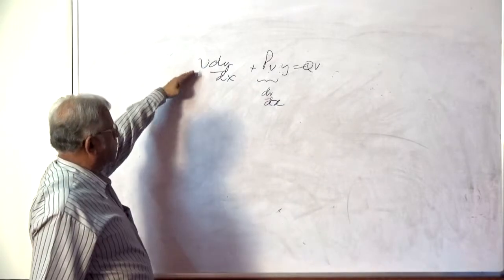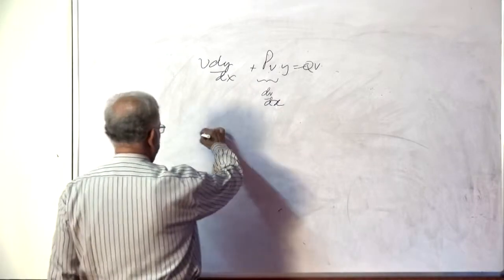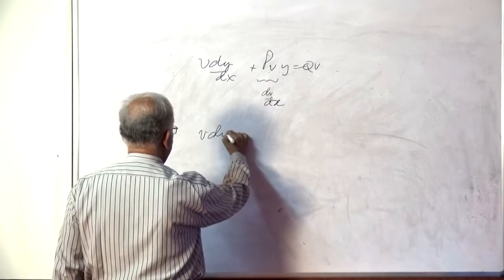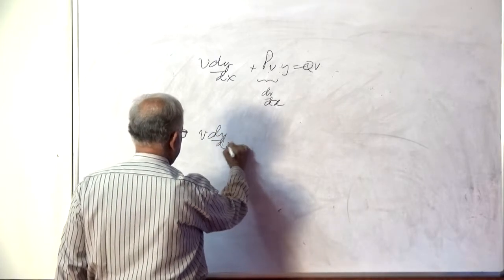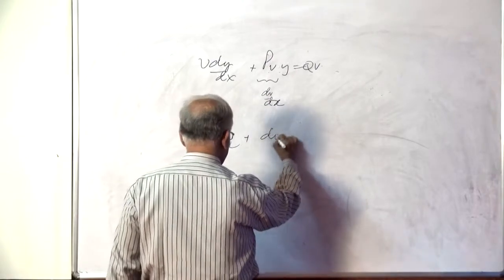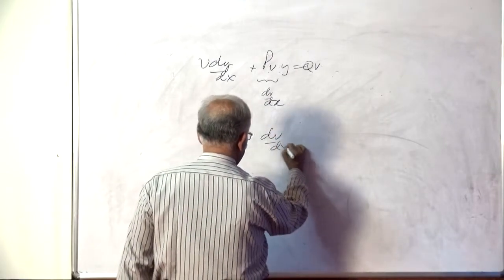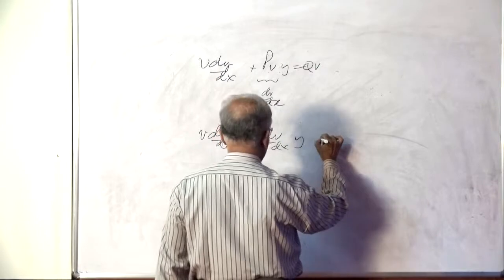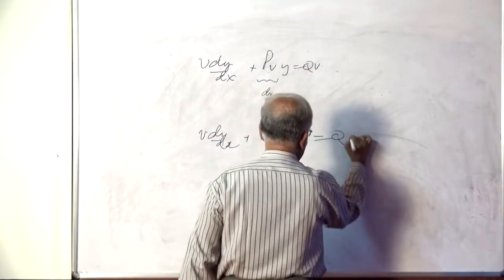Then the whole equation would look like V dy/dx plus dV/dx into y is equal to Q into V.